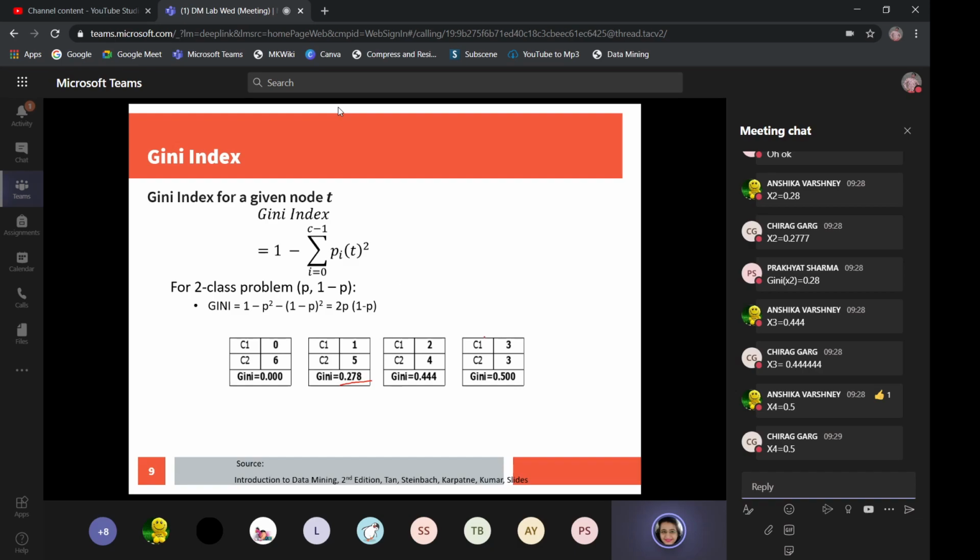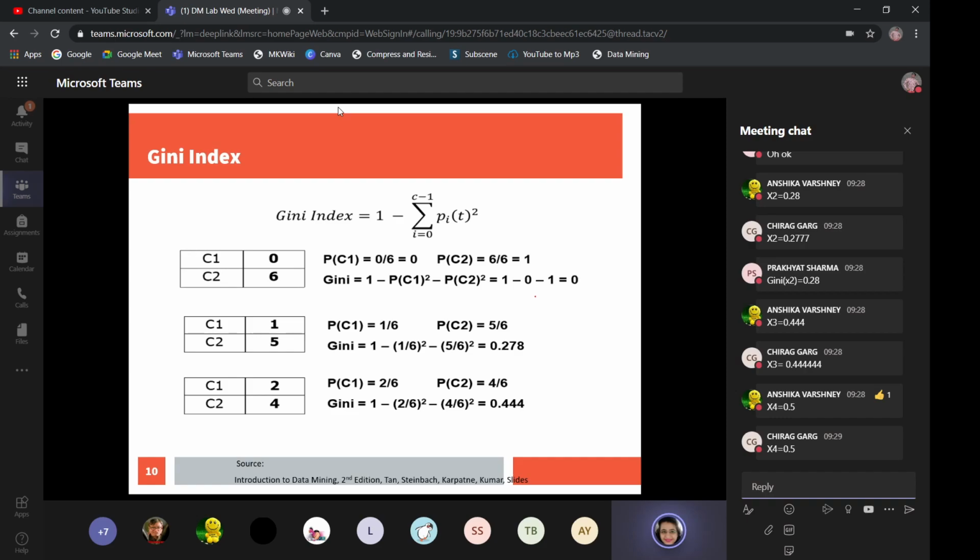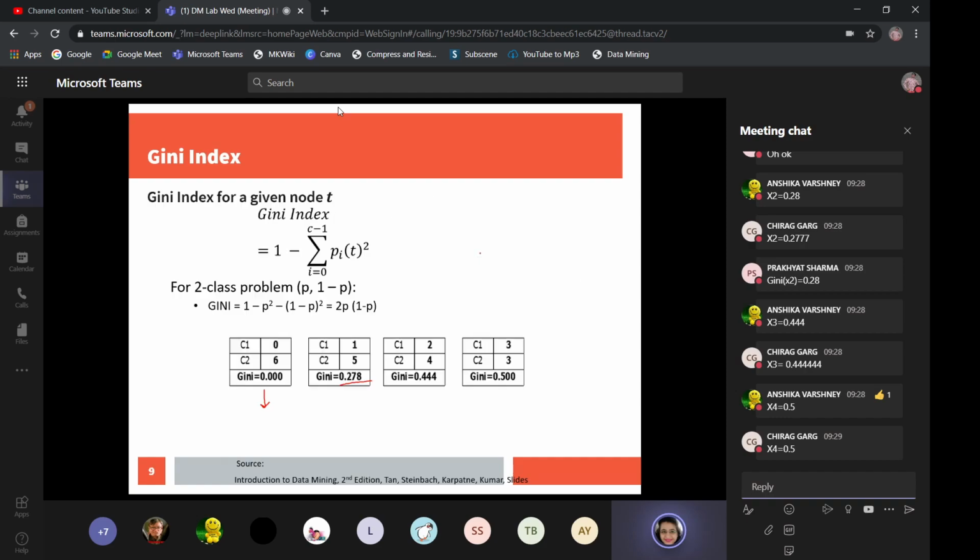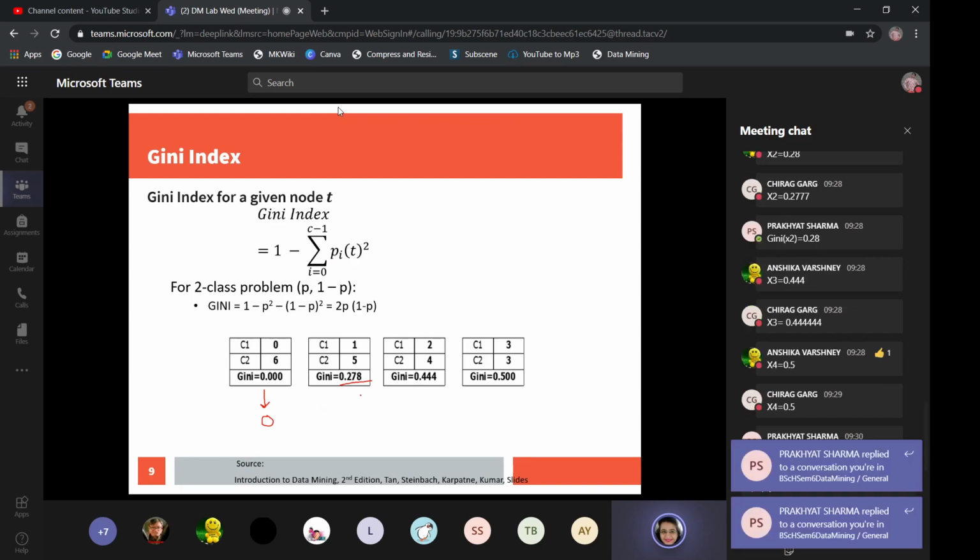So you have the Gini index like this. Now what will give you maximum information? Which one is giving you least impurity? This one. So this is 0. This is some point.